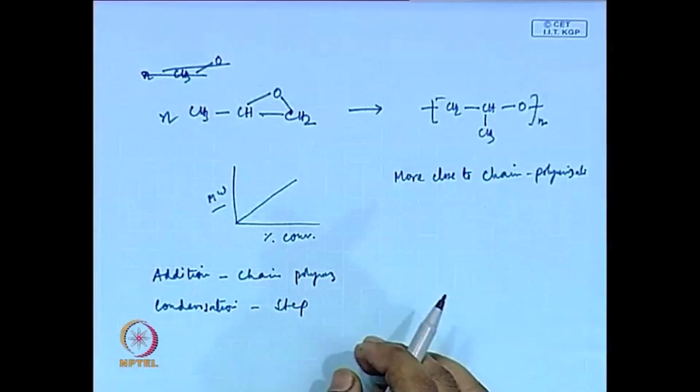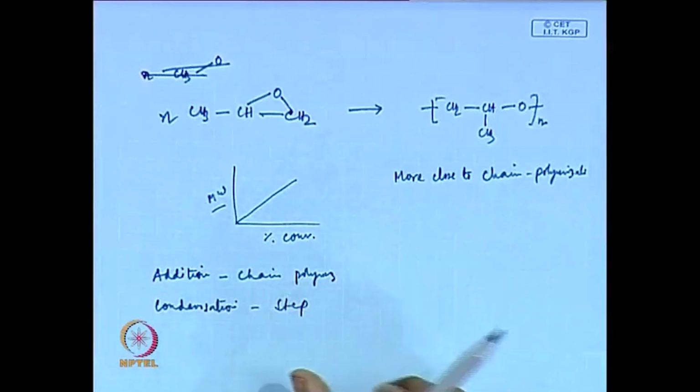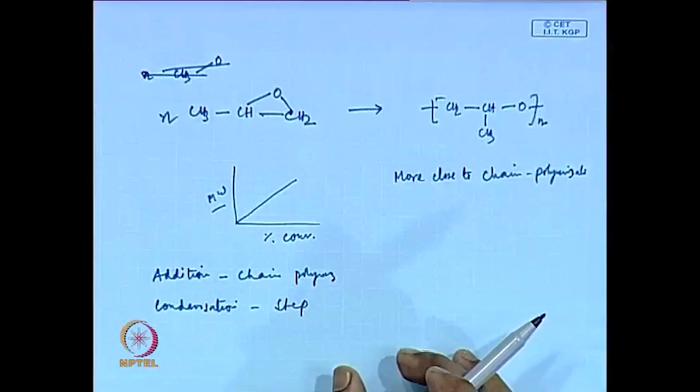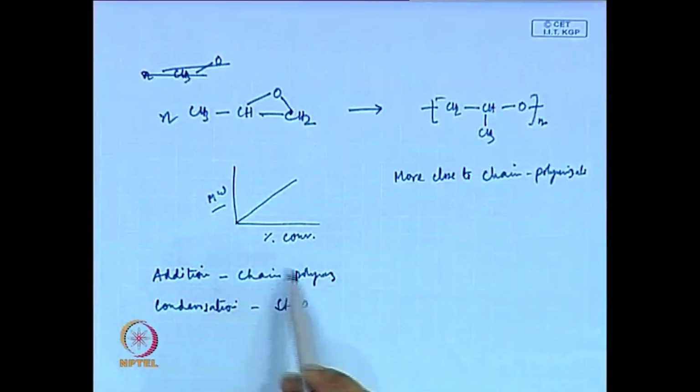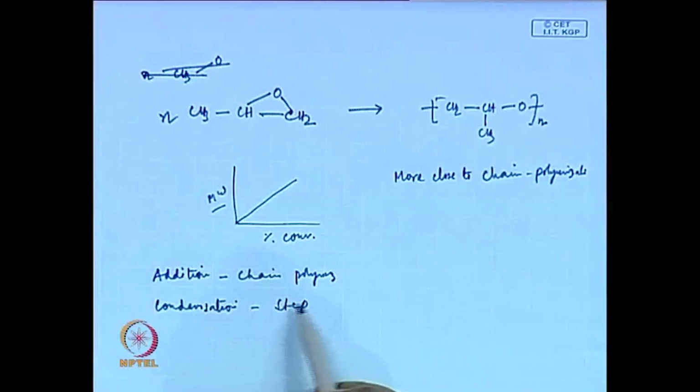You should remember that though addition and chain polymers are quite similar in terms of structure, and most of the chain polymers are made by addition reactions and most of the step polymers are synthesized by condensation reactions, they are different, they should not be used interchangeably.